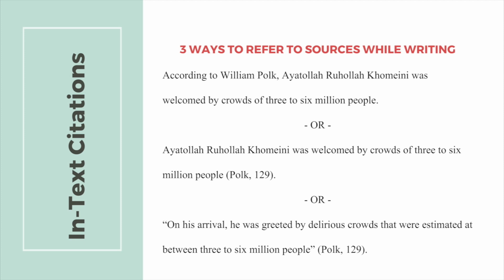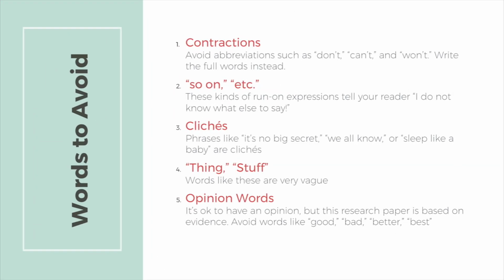Of course, you can always just quote the author directly and then cite your source, as in the third example here. If you're not sure how to cite a source, I would refer you back to the Purdue Online Writing Lab and look at the page on MLA in-text citations, where it'll show you the different ways that you can cite your sources.